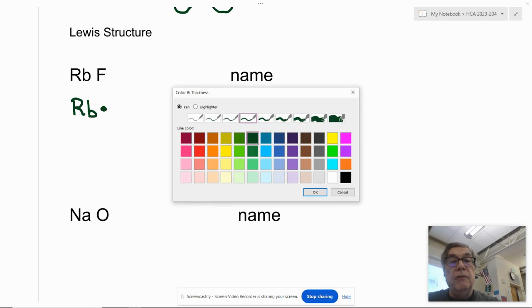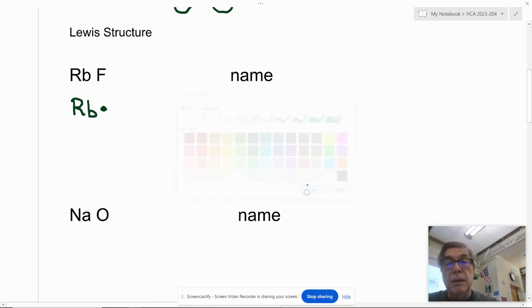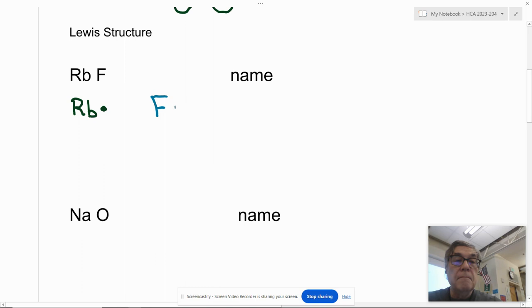I'm going to just make fluorine something like this blue color maybe. Fluorine. What column is fluorine in? And how many valence electrons does fluorine have? How many?